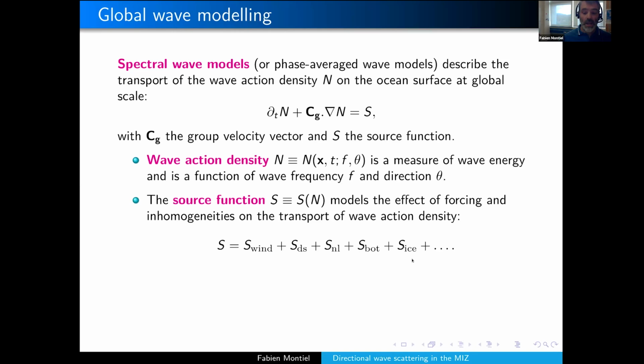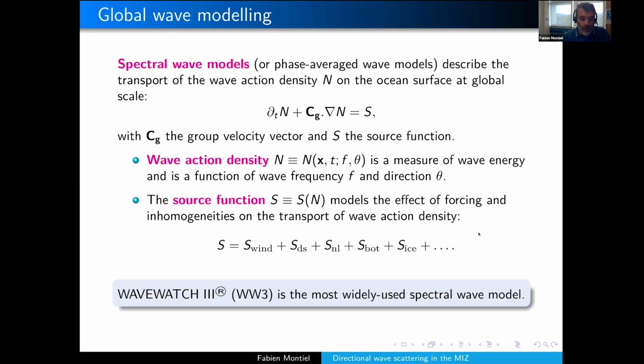And of course, there's one for the ice as well. And there are others. WAVEWATCH, or WAVEWATCH III, I should say, is arguably the most widely used spectral wave model. There are others, but I think WAVEWATCH III is the one that is used the most.